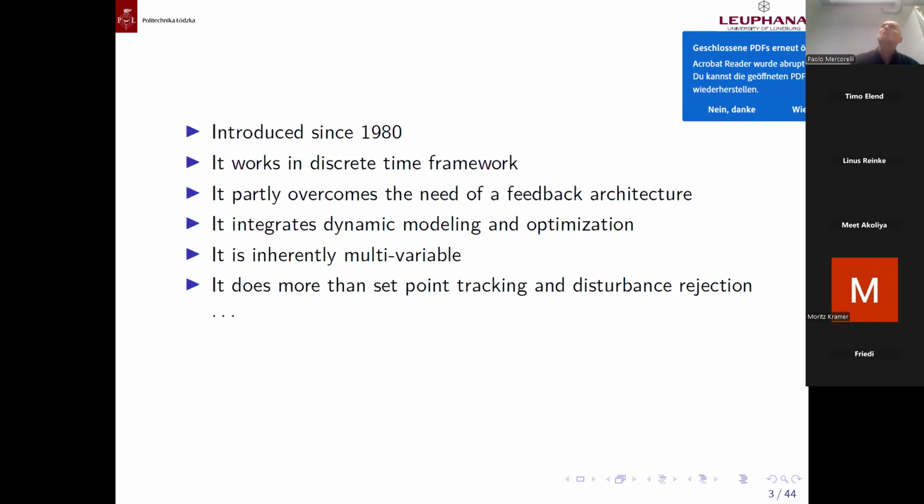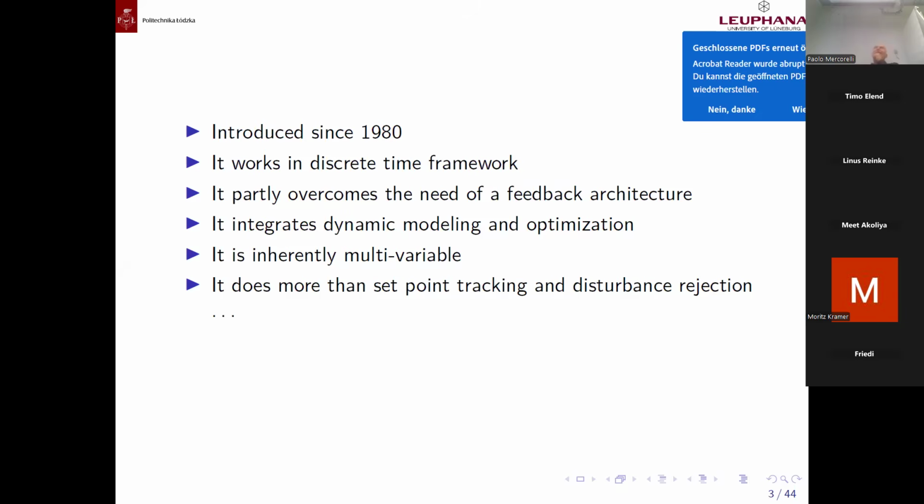Let me go ahead a little more technically. Shortly, the technique, or the techniques, because we have many different approaches, and inside the approaches different variations, was introduced in the 1980s, let me say.